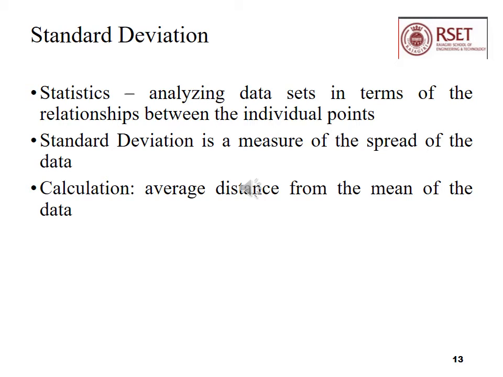Statistics is analyzing data sets in terms of the relationships between the individual points. What is meant by standard deviation? Standard deviation is the measure of the spread of the data, and it can be calculated by taking the average distance from the mean of the data.